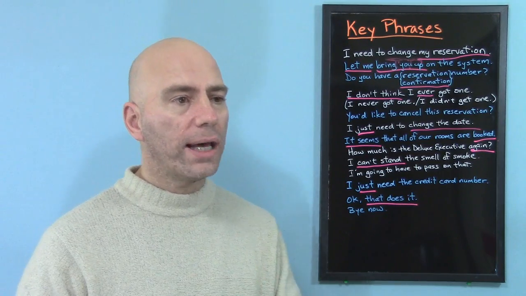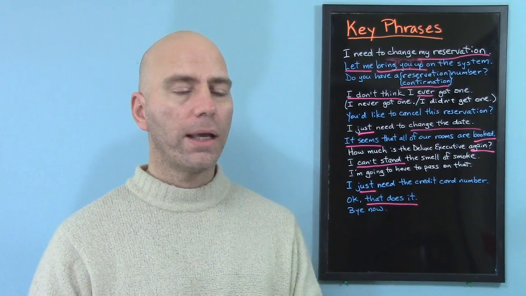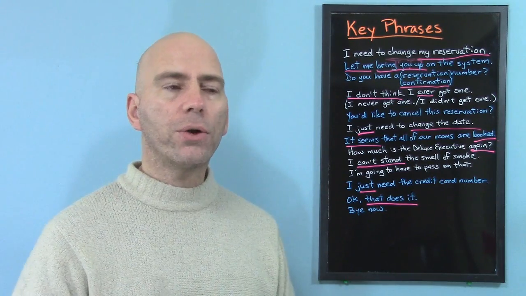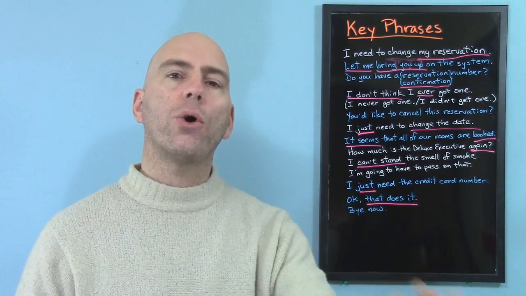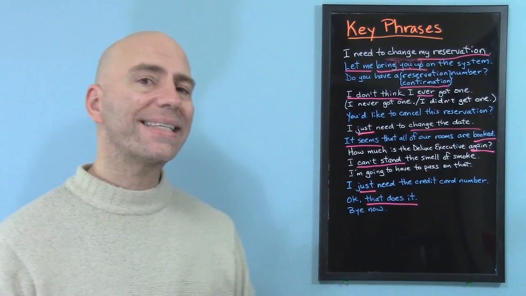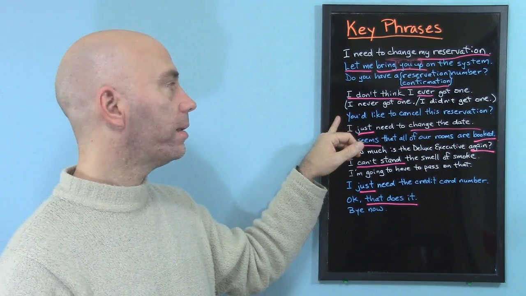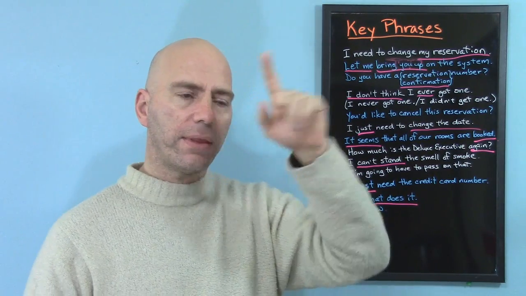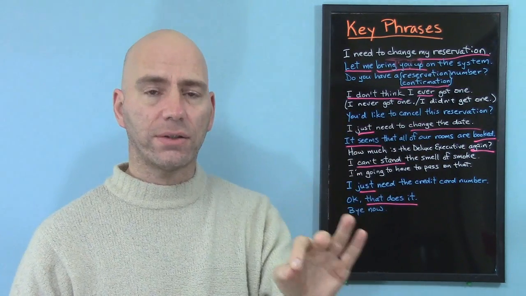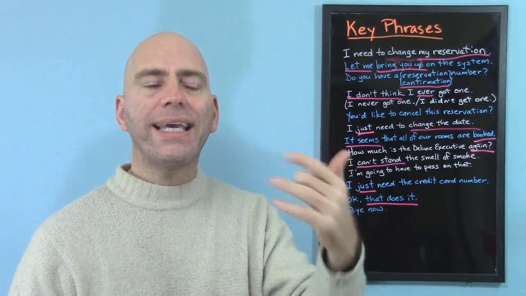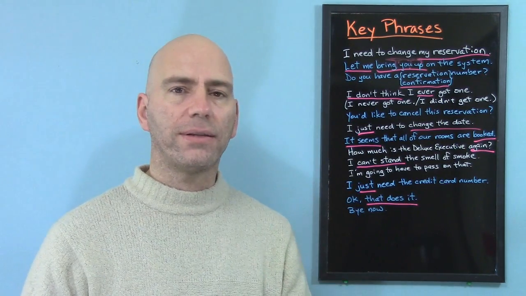So the difference between these two sentences: "Would you like to cancel the reservation?" That is a regular question. I don't know what the answer is going to be. But in this case, the person, Pierre, who's asking, thinks that the customer wants to cancel. So he's already thinking, oh, he called to cancel.